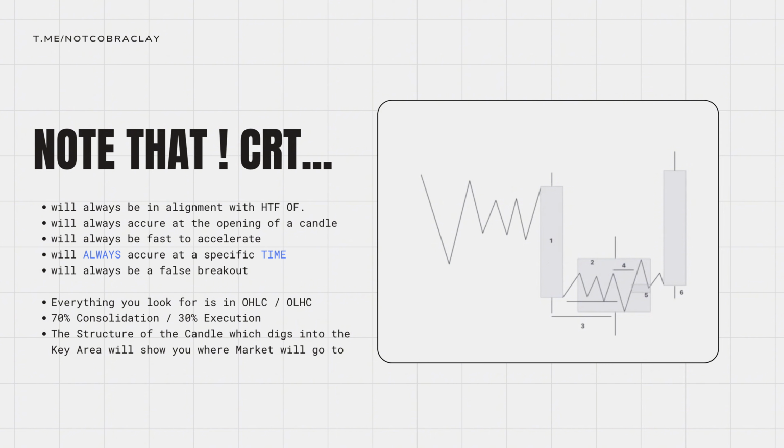CRT, or everything you look at, is in the open high low close and open low high close. This step here is very boring, but 70% of the market is just consolidating and waiting. 30% is execution and taking trades. The structure of the candle, which digs into the key area, will show you where the markets will go.